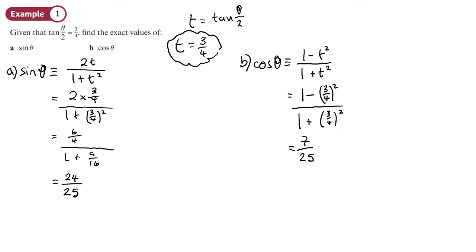Now, I suppose you could work this out by drawing a right angle triangle like this, calling this angle here theta over 2, and saying, right, the opposite over the adjacent, well, that's going to be 3 over 4, so that means that this side is 5, and then get a value for sine theta over 2, which would be 3 over 5, and cos theta over 2, and say, well, that's 4 over 5, and then use the double angles from there.